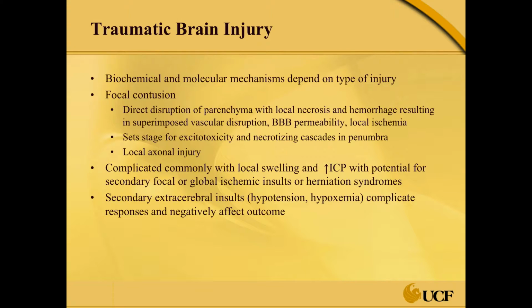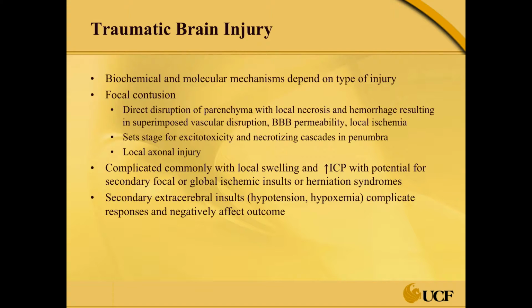And unfortunately, when those things occur in concert with one another, it sets the stage for excitotoxicity and necrotizing cascades. And again, like we said before, these tend to occur in the penumbra, and you get local axonal injury that results as a consequence.